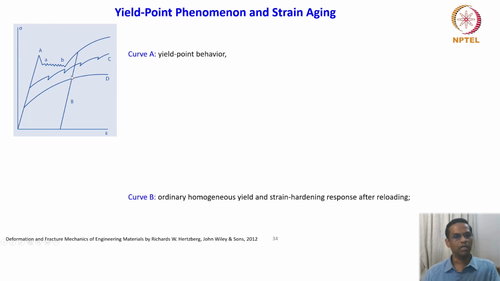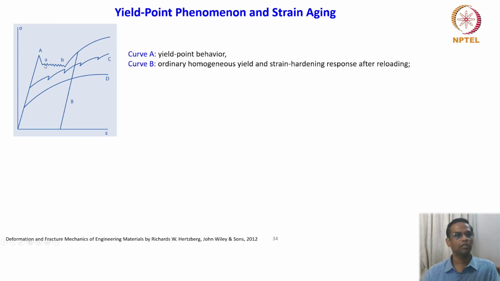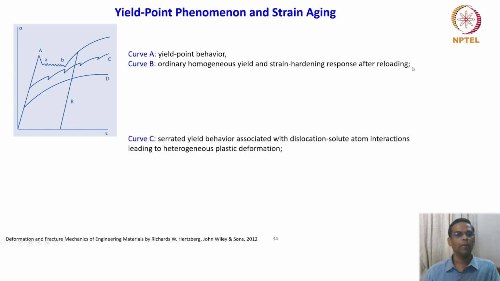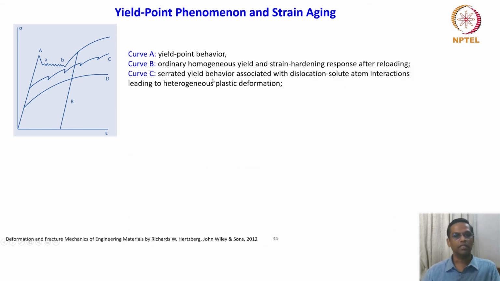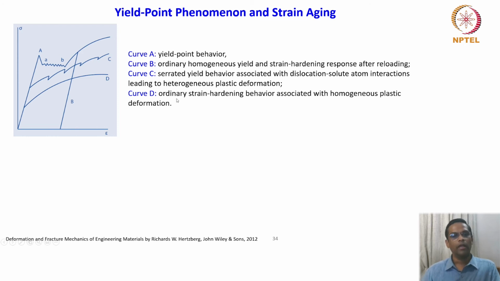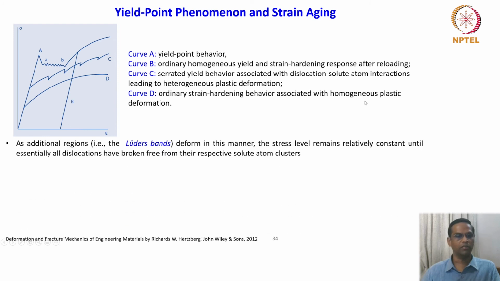The curve A is yield point behavior, curve B is ordinary homogeneous yield and strain hardening response after reloading. Curve C is a serrated yield behavior associated with dislocation solute atom interactions leading to heterogeneous plastic deformation. Curve D is ordinary strain hardening behavior associated with homogeneous plastic deformation.